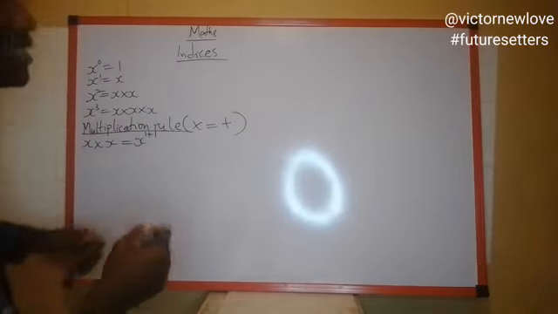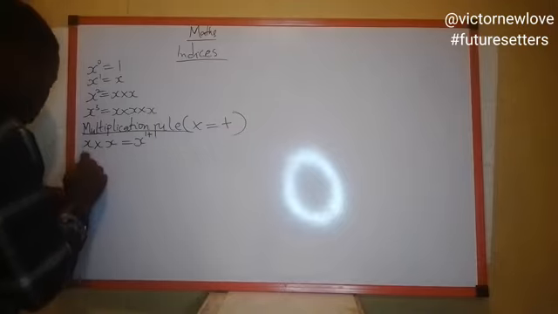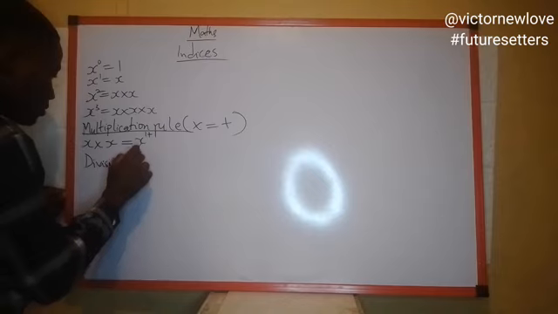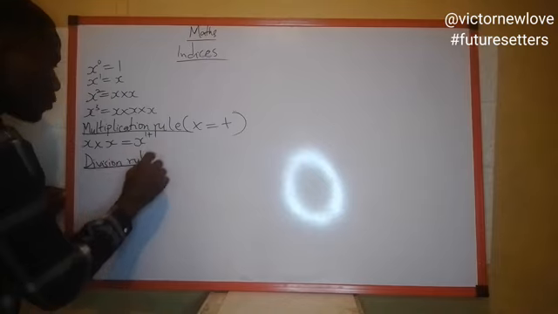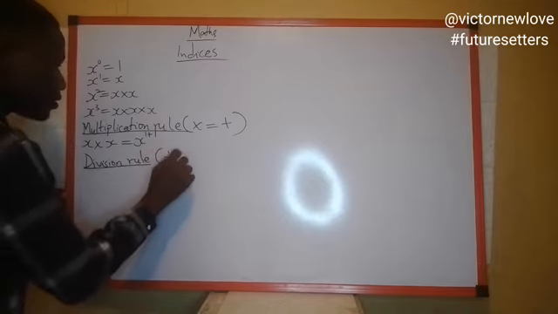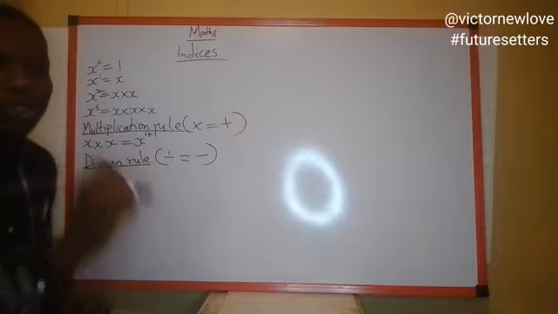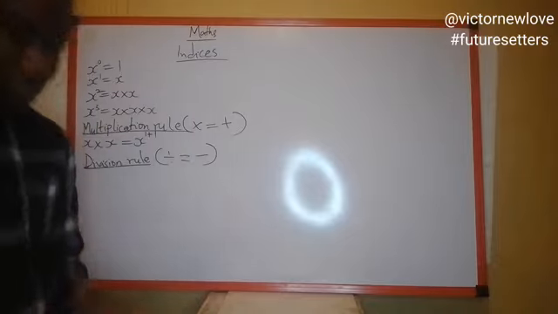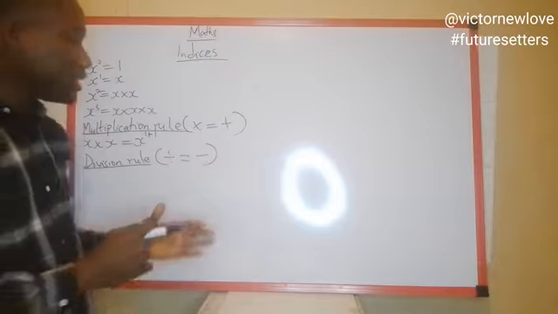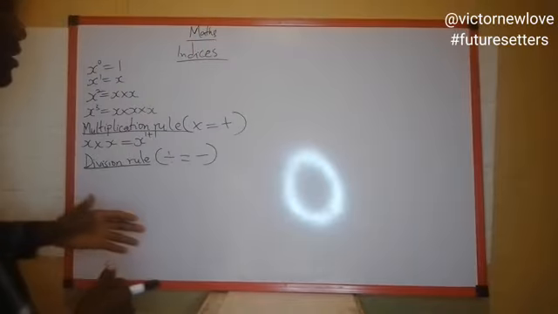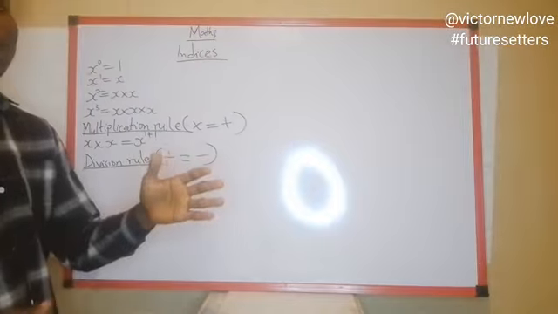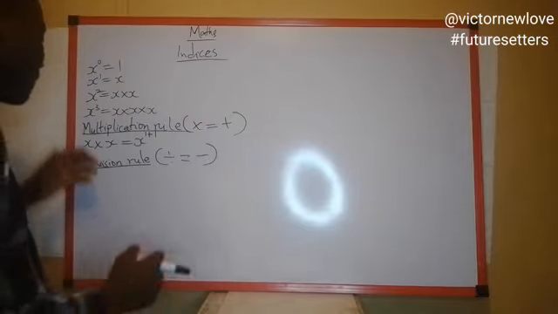While under the division rule, which is the other rule, where you have division, it becomes subtraction. So we have the multiplication rule, which is X times X, giving X raised to power 1 plus 1. Then you have the division rule.